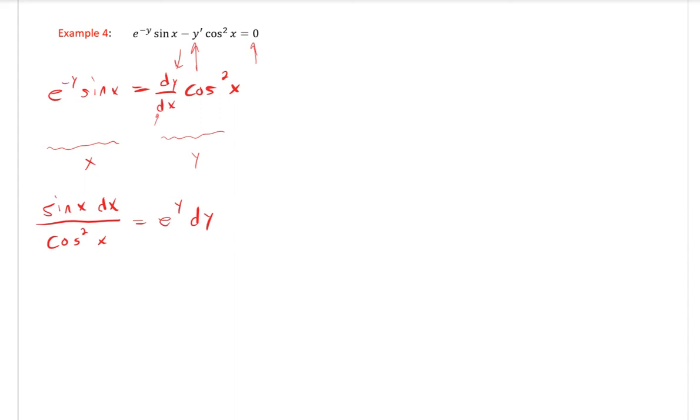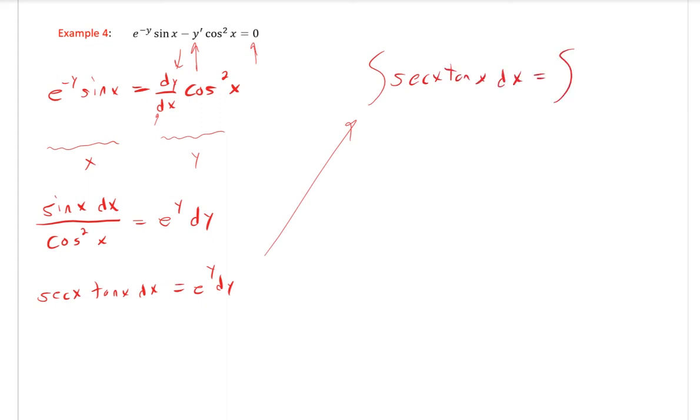Sine over cosine will give me tangent, and then 1 over cosine will give me secant. So this is the same as secant x tangent x dx equals e to the y dy. That's pretty nice because now I can take the integral of both sides. Integral of secant x tangent x dx equals the integral of e to the y dy.